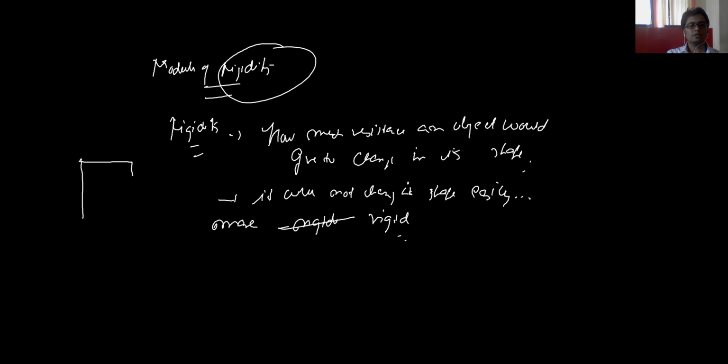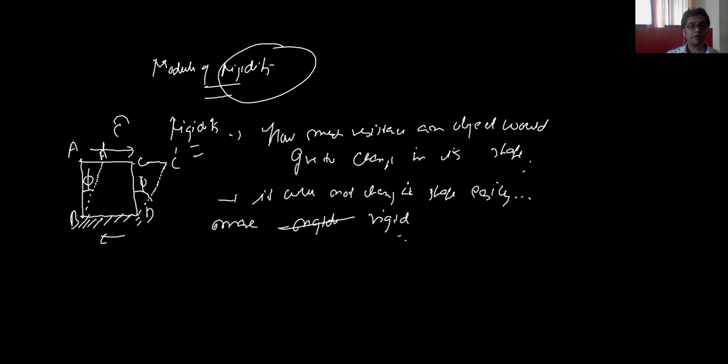Suppose we have an object like this, and I have fixed the lower base, right? If I am applying a shear stress on it, now this is A, this is B, this is C, this is D. AB will shift to a new location, A dash B, with the same angle, and CD will also move to C dash D dash. Suppose it moves by an angle phi.